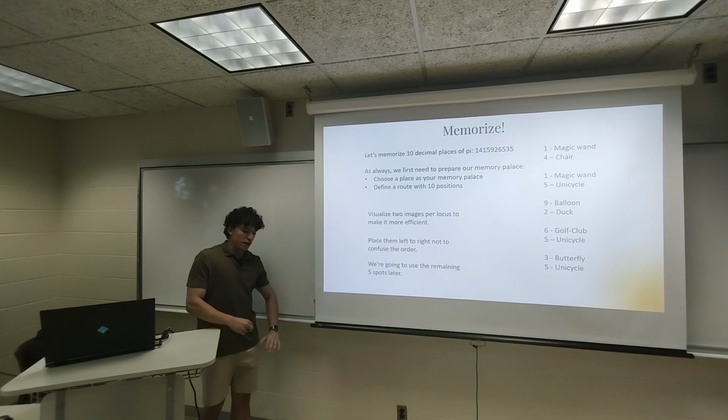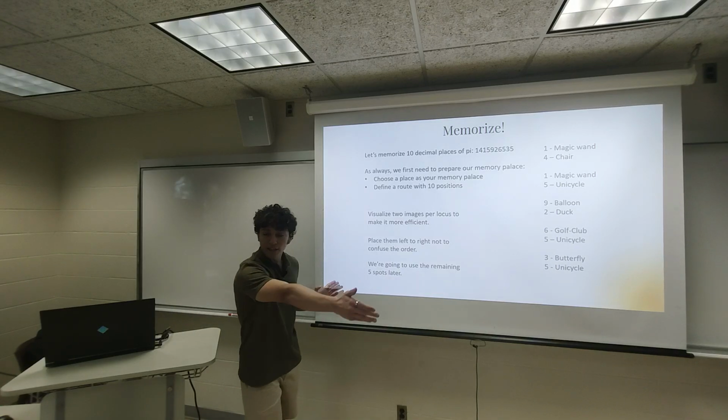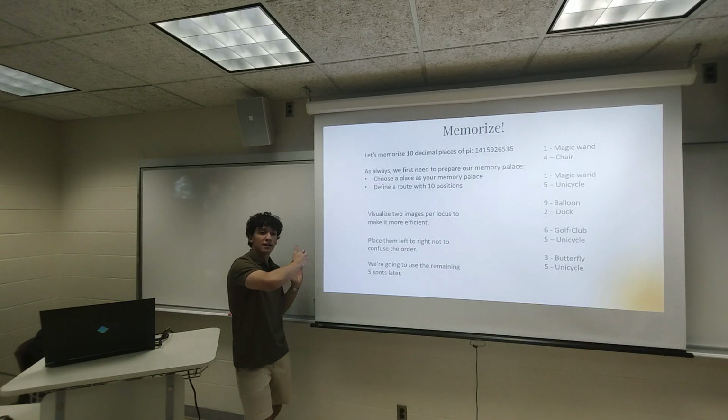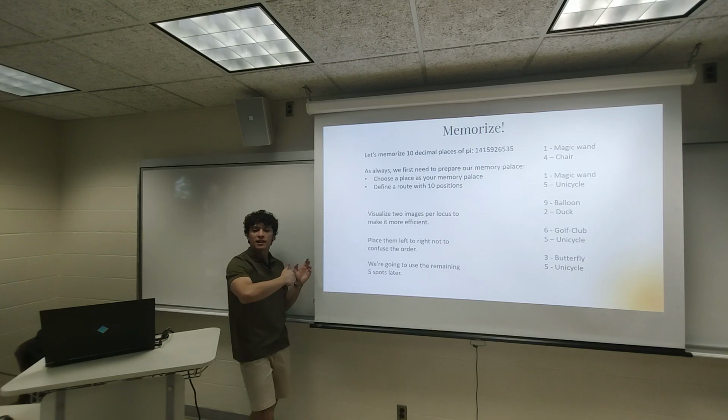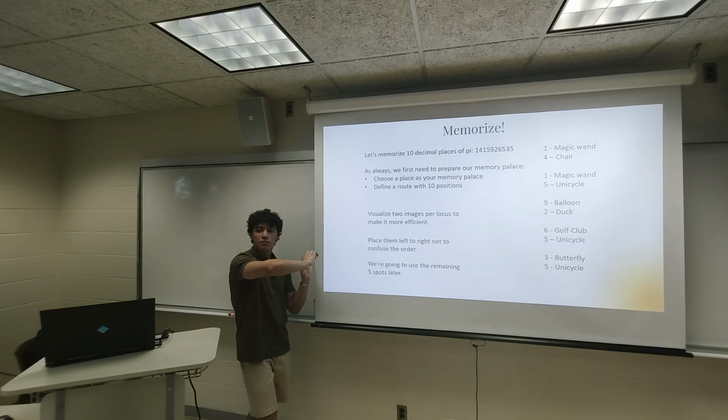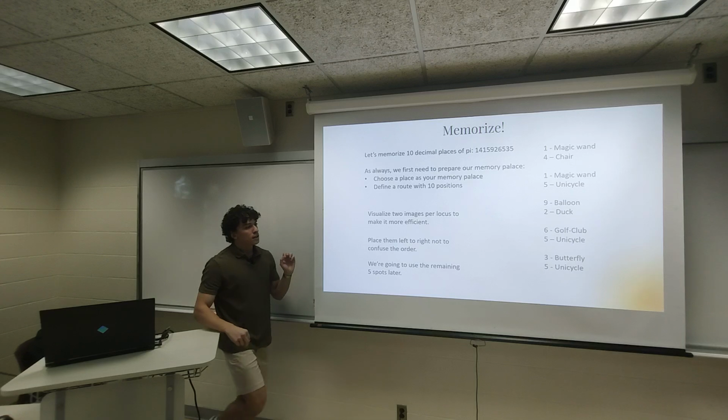So I recommend you put them from left to right, so the left one is the first digit and the right one is the second digit, and you look at the locus the same way as you would read the page of a book. The same way you would read something.